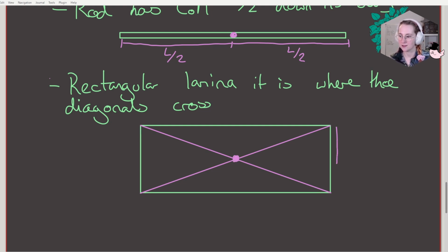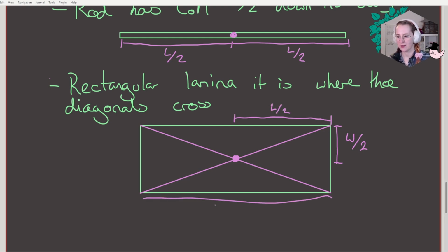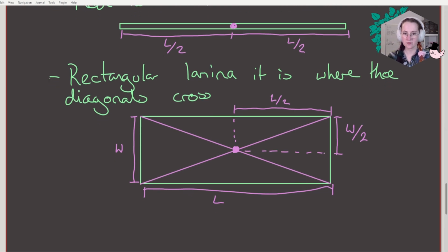And in particular, if the full thing is the width, then that's going to be the width over 2. And that's going to be the length over 2. If that is the length, that is the width. Okay, so it's precisely in the middle of the shape.